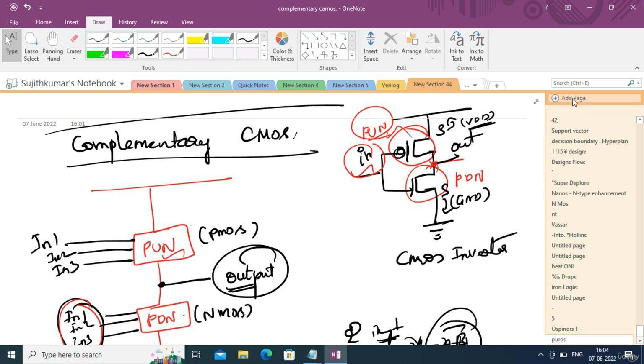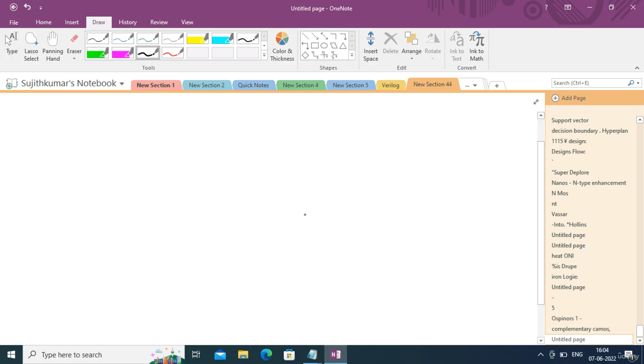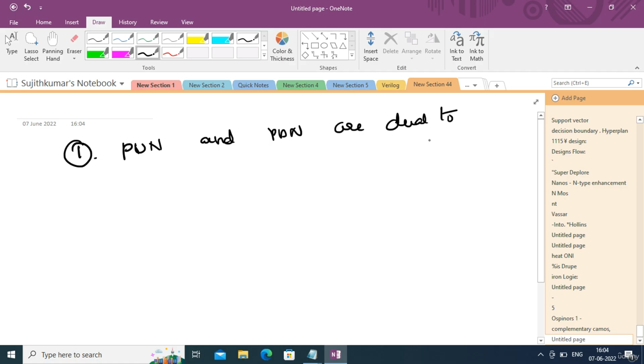Now I'll tell you one more trick in order to draw the pull-down network and pull-up network. The first thing to remember here is that the pull-up network and pull-down network are dual to each other. What do I mean by this duality?